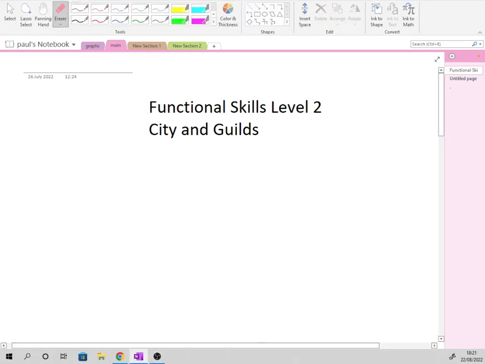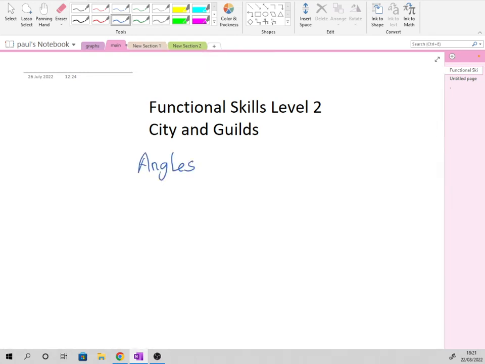Right, hello. This one is going to be angles in 2D shapes. Not circles. We're going to look at these sorts of things, which are rectangles and squares. They have a collective name of quadrilaterals.